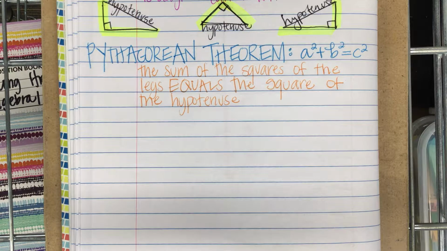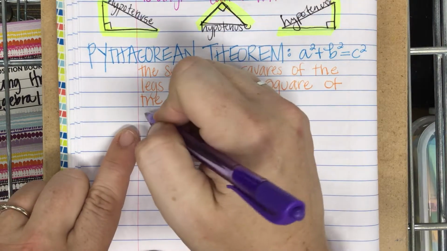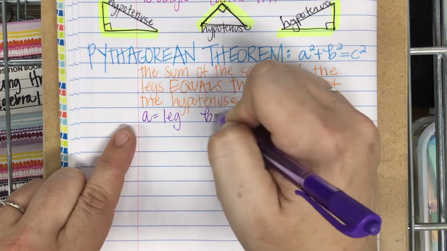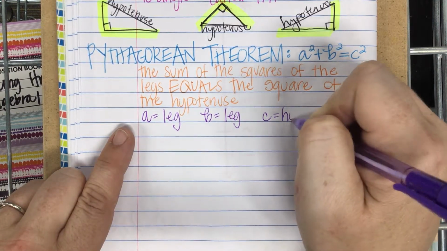Can you tell me what A represents, what B represents, and what C represents? Looking at the algebra, looking at the words. Ava, what does it mean? The A and the B represent the legs, and C represents the... Perfect. A is a leg, and B is a leg, and C is the hypotenuse.